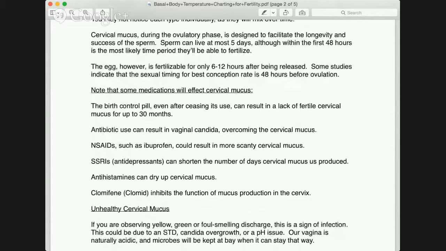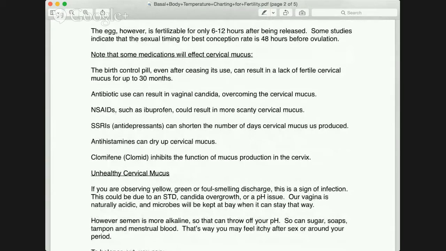Some studies say that the best timing for having sex is 48 hours before ovulation. So again, relying only on a basal body temperature chart may make you miss your ovulatory window. Doing an ovulation test is really best.